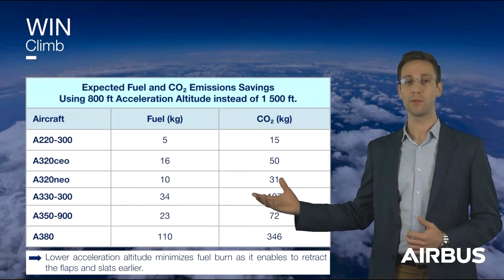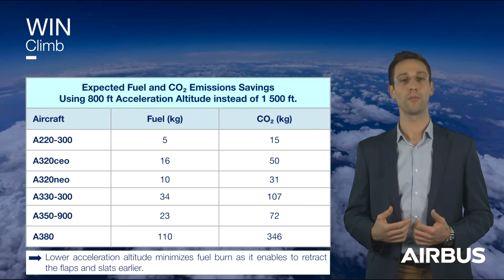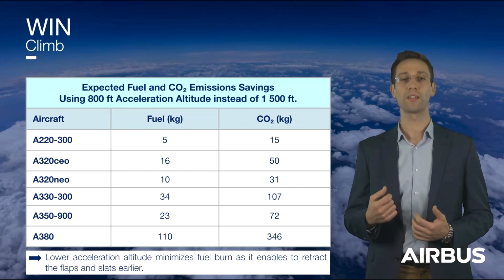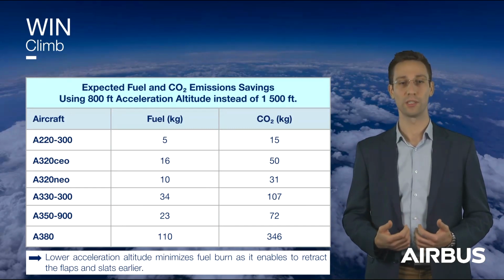Note that by regulations and design, the lowest authorized acceleration altitude is 400 feet. This table displays some examples of fuel savings and reduction of CO2 emissions for an acceleration altitude at 800 feet instead of 1,500 feet.